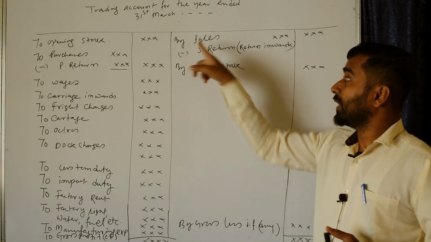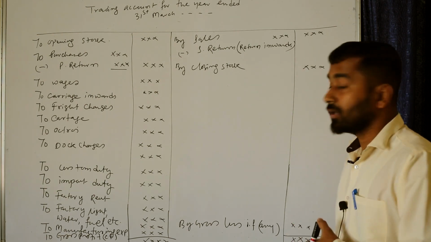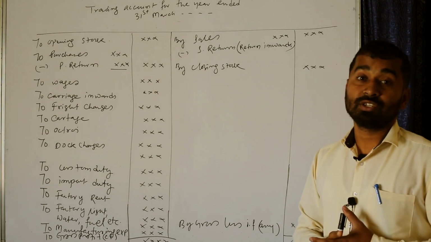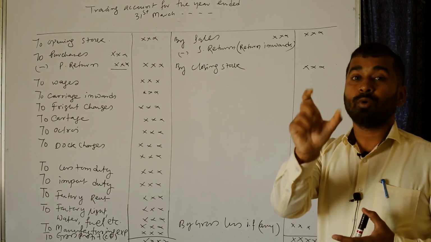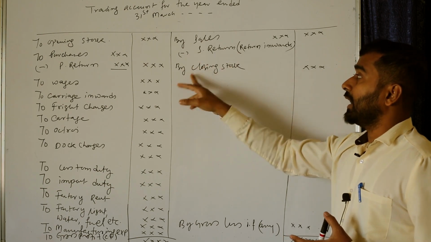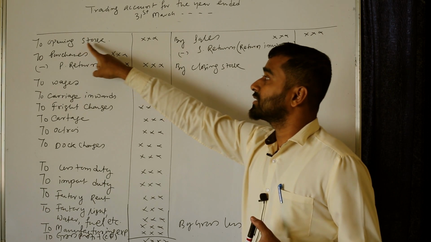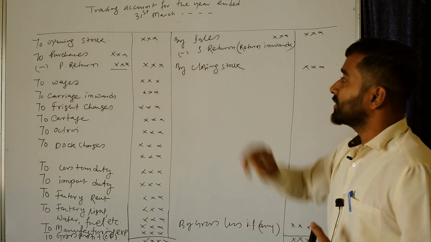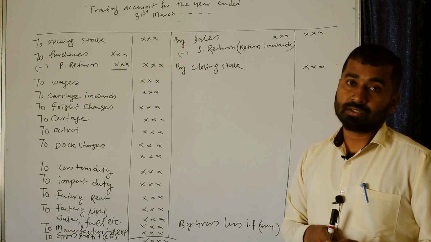One is the sales, direct income. What is the revenue you earn by disposing of goods? So easily you can trace out for one unit of goods how much the selling price is. Less sales return and the closing stock. When I have taken the opening stock on the debit side, I take the closing stock on the credit side. I hope you understood.